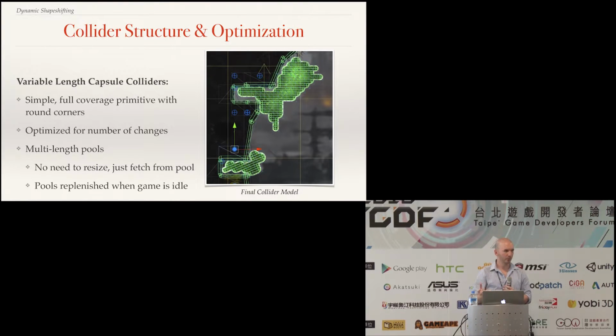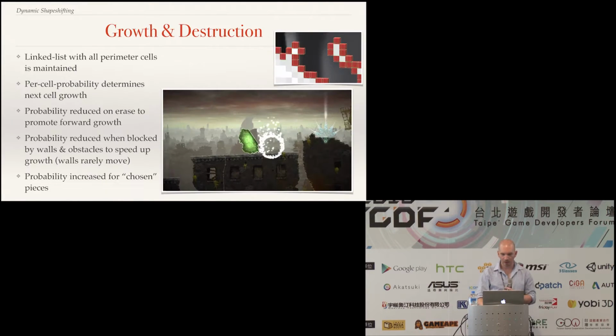And every time I need to change the line, I take the existing collider, throw it away, put it in its own pool and then take another one from the pool. So I'm just fetching, I don't need to allocate ever, which you would never want to do. And the pools are redistributed and replenished when the game is idle, meaning when you have like half a second when the player is not doing anything, which happens all the time.